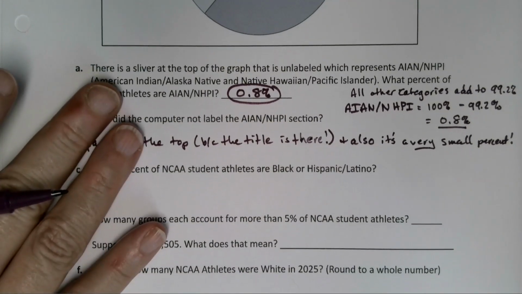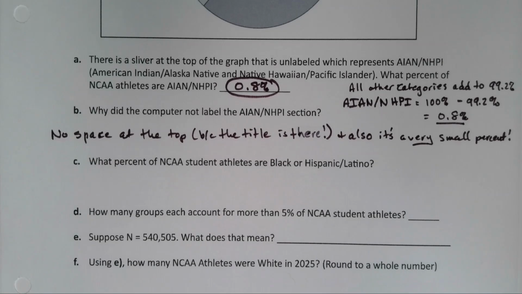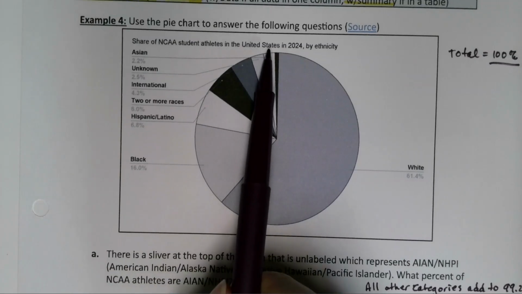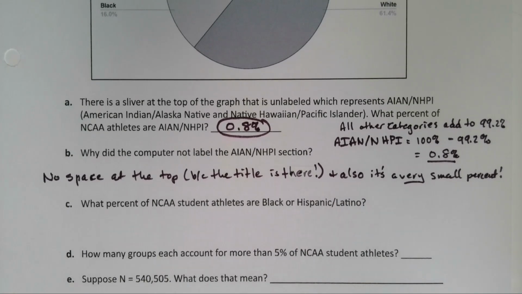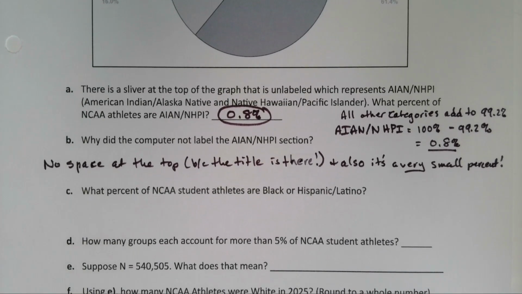And the computer program, literally, without even being told, just got rid of them. It put them away because it was such a small group and it wouldn't fit up here because the title was in the way. So it just didn't do it. That happens sometimes, especially when you're working with computer programs. They don't have the ability sometimes to make the judgment calls we would make. They just get rid of titles because they don't have space for them.